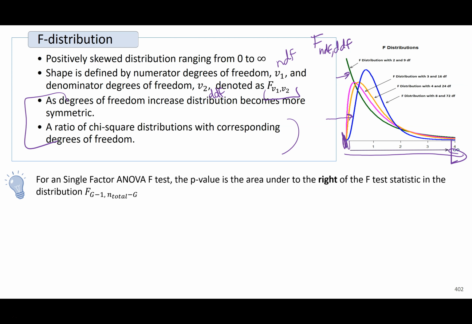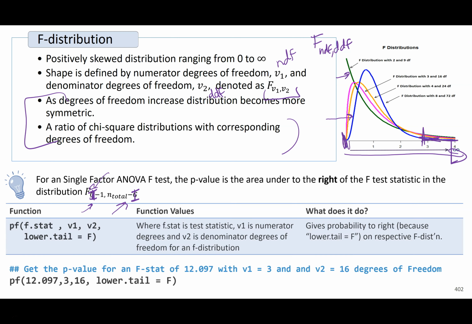Here, I used G before for groups, but WebAssign will use I. For a single factor ANOVA test, the p-value is always the area to the right, with an F statistic, number of groups minus 1, and your total overall sample size minus number of groups. Here's some example code.